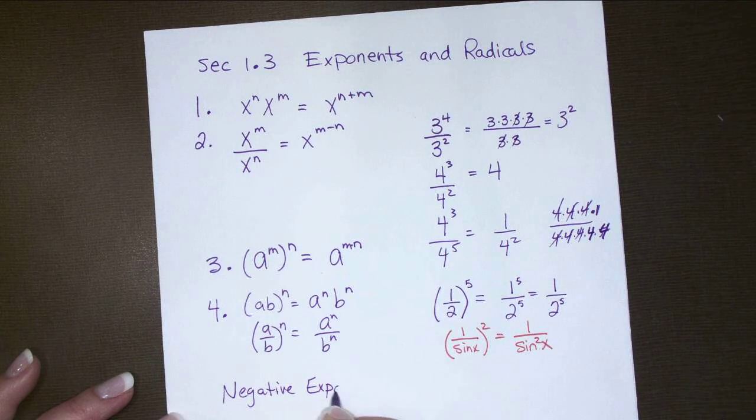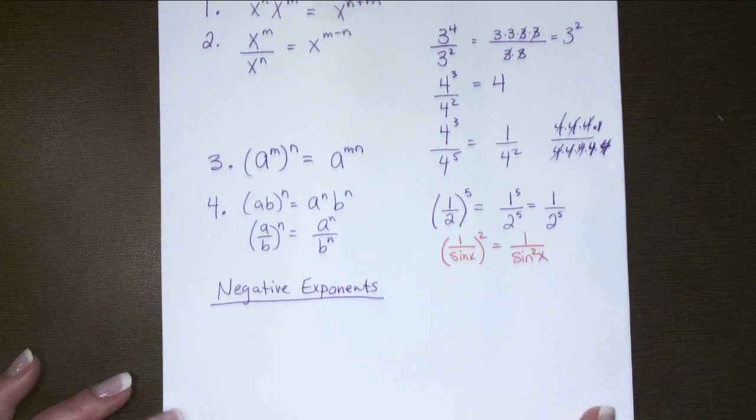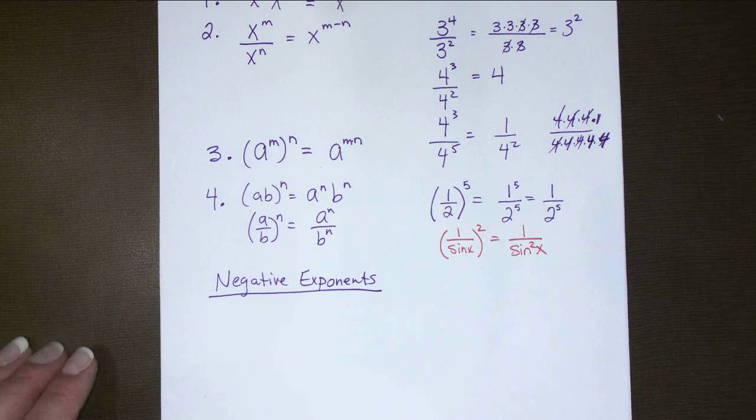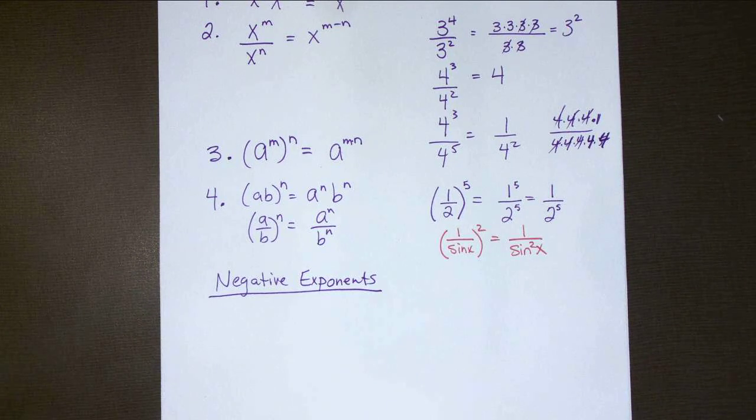Okay, negative exponents. Just because we're practicing pre-calculus topics, my instructions for a question will often say simplify and leave your answers with positive exponents. In real life, in calculus, you don't really care if the exponent's positive or negative. What you're actually looking for is the exponent to be on the top, in the numerator.